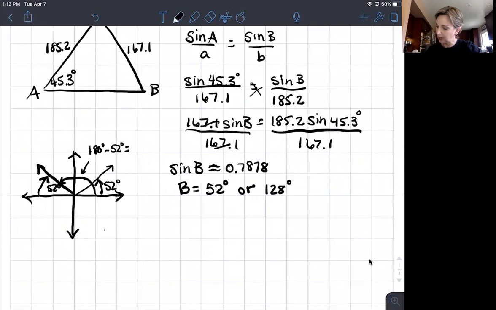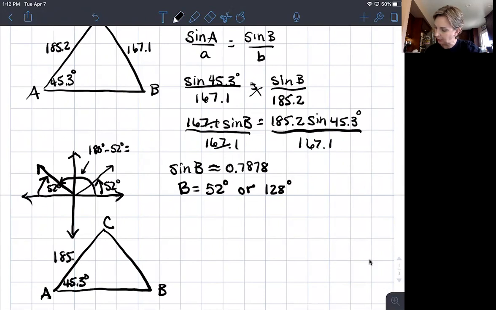So I have one triangle that I'm moving on with that's an acute triangle, with 45.3 degrees, 185.2, 167.1, and 52 degrees.